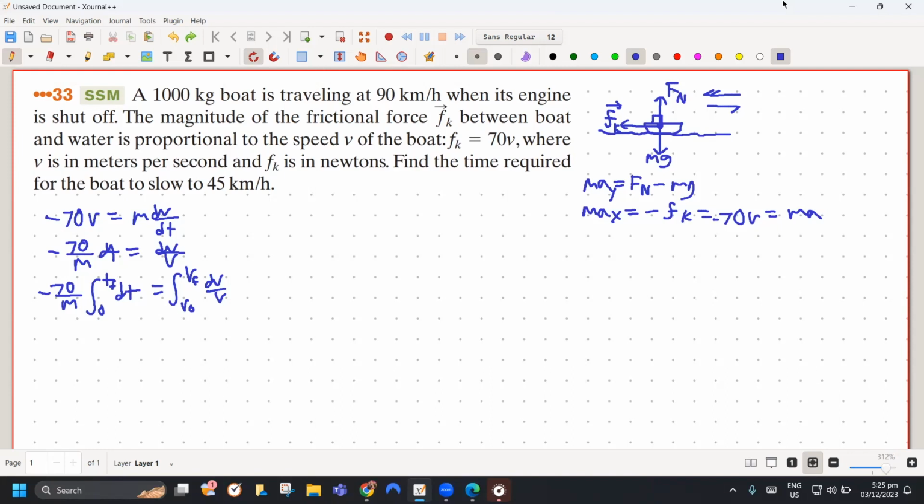Pero you'll get the same thing. Okay, so integrating both sides, ano makukuha mo?